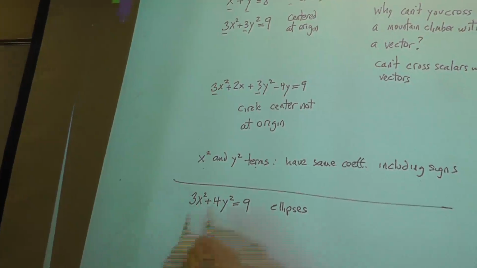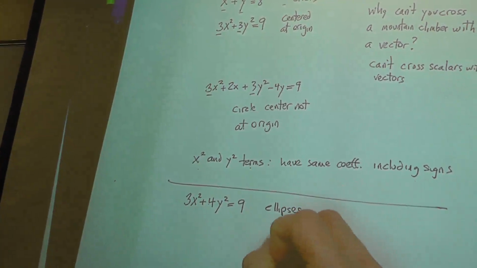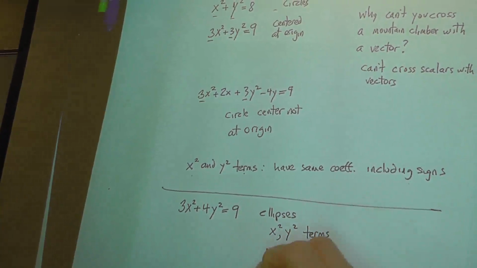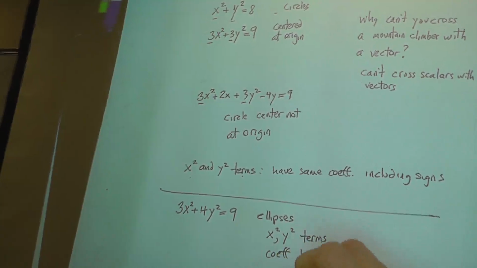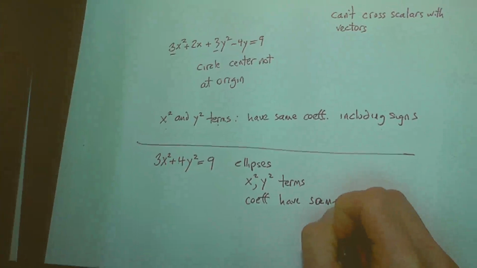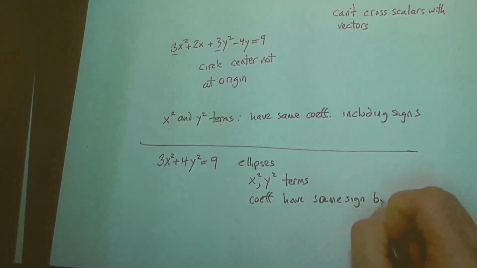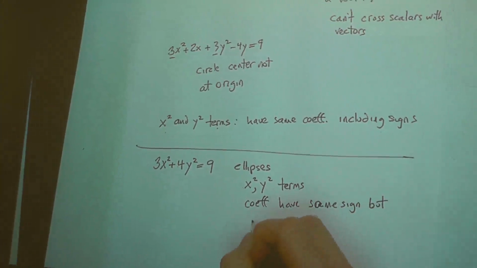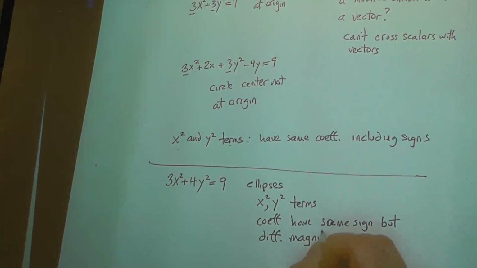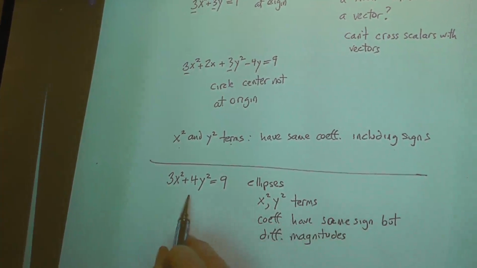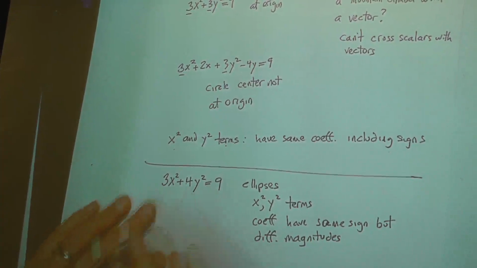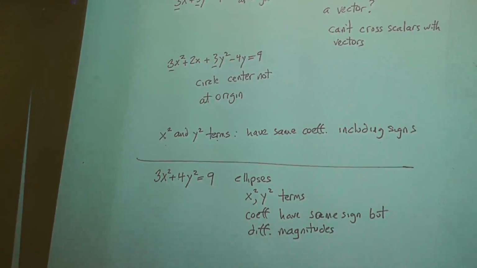And what's doing that is I have x squared and y squared terms. The coefficients have the same sign, but different values, different magnitudes. They're not the same. This guy's centered at the origin. If there were linear terms, it'd be centered someplace else.